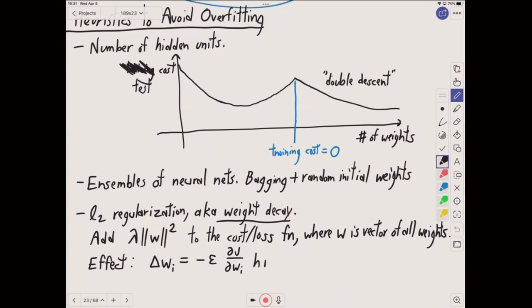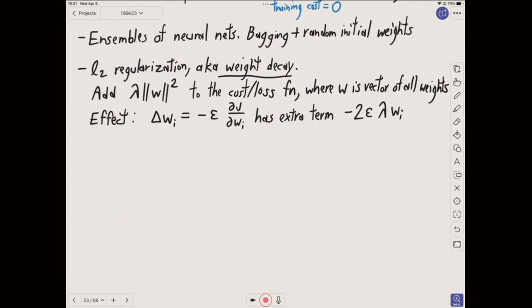That will have an extra term added to the end, and that extra term is minus 2 epsilon lambda wi. We get that just by taking the partial derivative of this with respect to wi and multiplying by minus the step size.